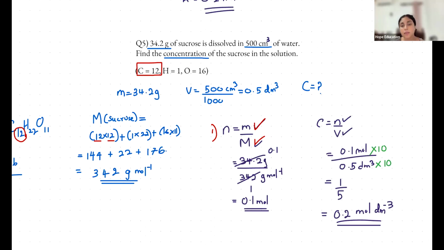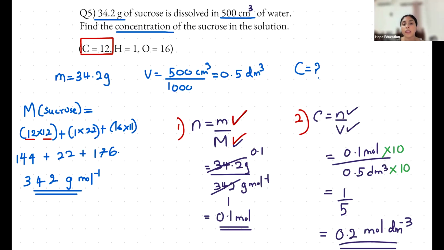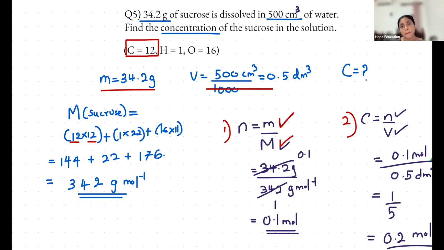Then as a second step only I use this, because now I have the moles I found and the volume, so I can find the concentration. With the given data, if I had tried to find the concentration first, I couldn't, because the number of moles isn't given here, only the volume is given.